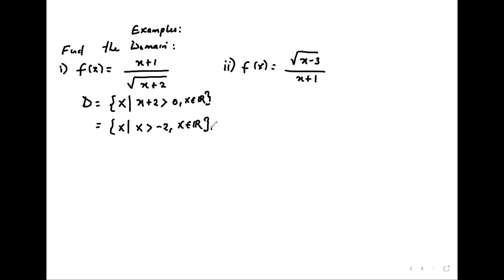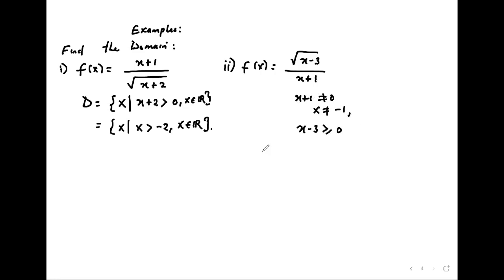What about the other one? It will be the denominator. x plus 1 should not be equal to 0. So x should not be equal to -1. That is for the denominator. But the numerator also has an issue this time around. Because it's in the root, we must say something. So x minus 3 should be greater or equal to 0.